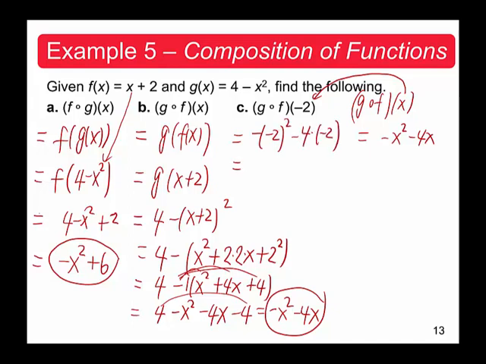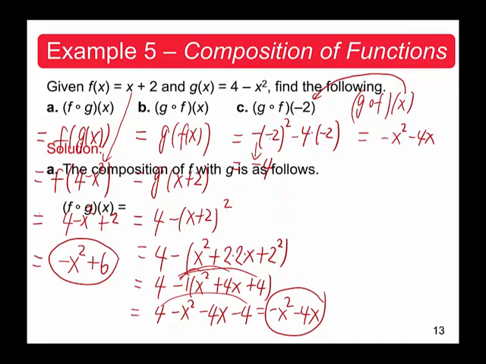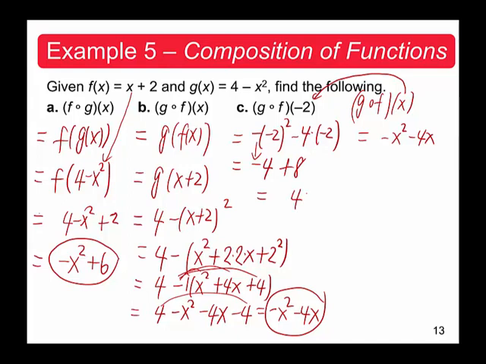Negative 2 squared is positive 4, so this is minus 4, carrying over the negative sign. And negative 4 times negative 2 becomes positive 8. Adding those two constants together, it turns out to be positive 4. Okay, so the result for g composite f of negative 2 becomes 4.